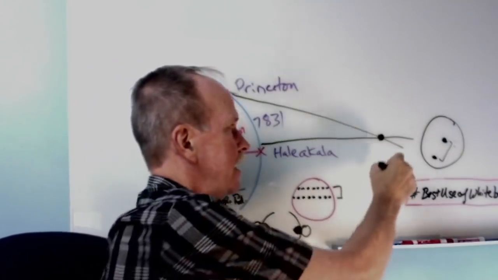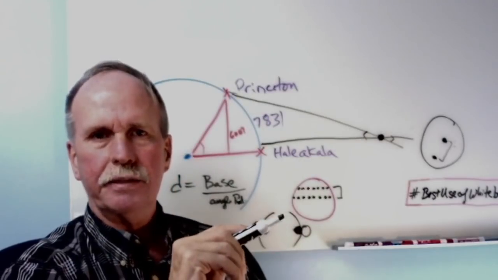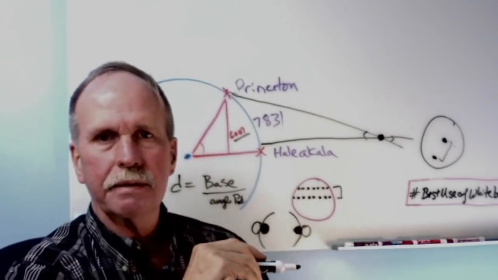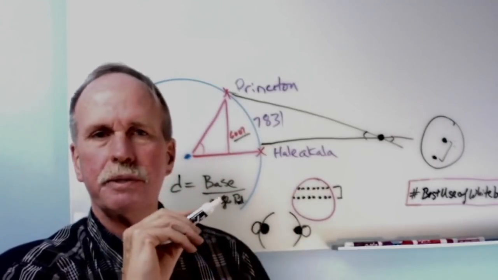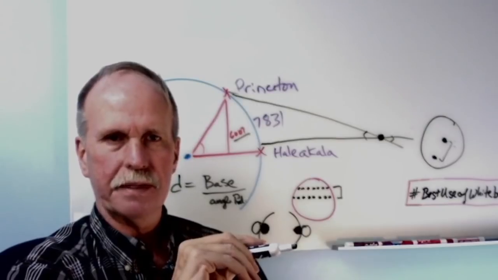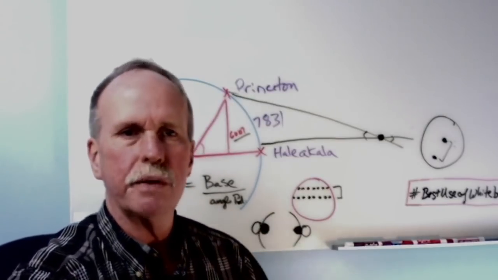That parallax angle is this angle right here. Now, knowing that angle and knowing this base right here allows us to calculate the distance from the Earth to Venus. So let's go ahead and have a look at this observation, and I'll show you what we're talking about.